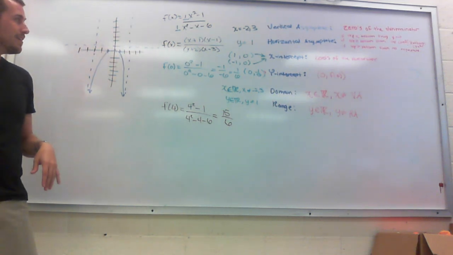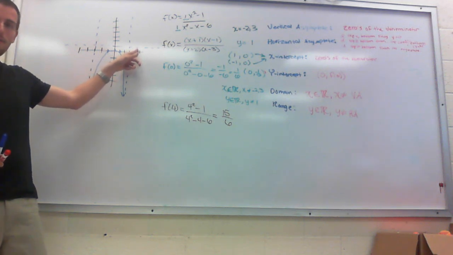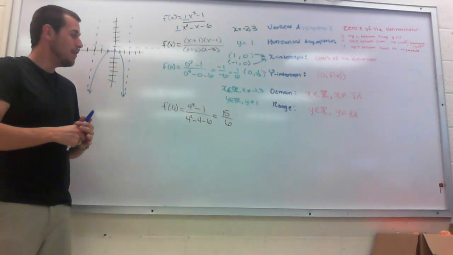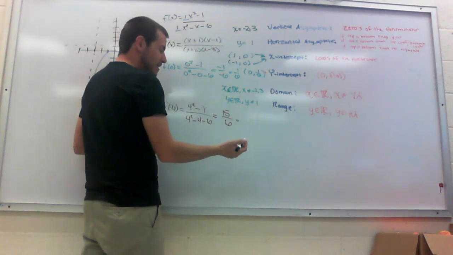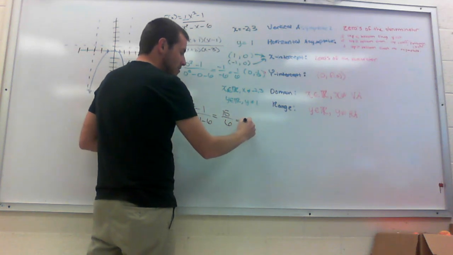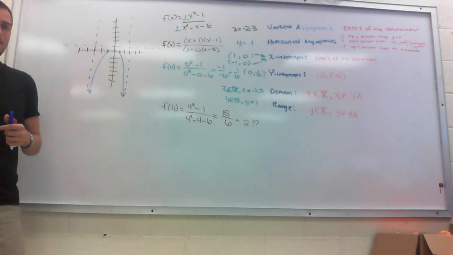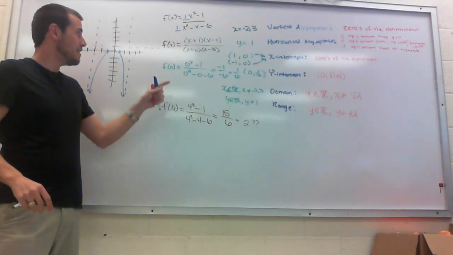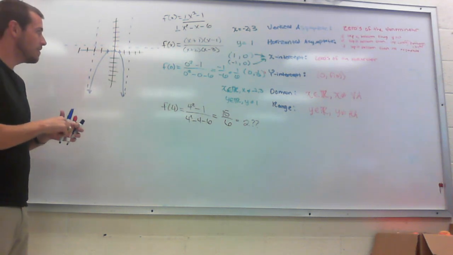Not anymore, because if it's anything between 0 and 1, it would occur below the asymptote. But looking at this, just roughly, without a calculator, I can tell this is at least going to be 2 point something, because 6 times 2 is 12, and 6 times 3 is 18, so it's going to be between 2 and 3. Thus, I know it's going to occur above this asymptote, so I know it will be above.